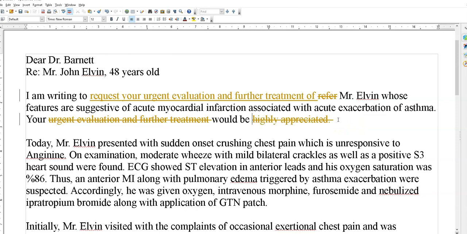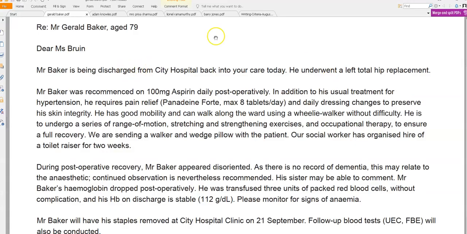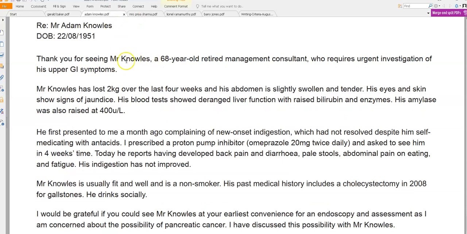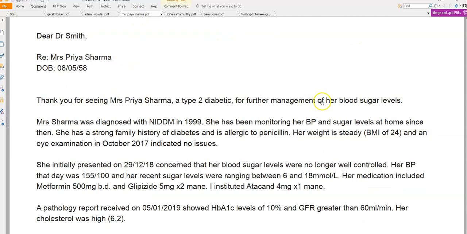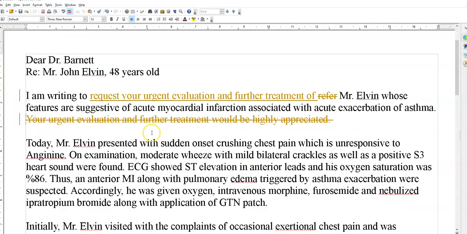Okay, so if you look at those examples, that's the kind of thing that they do. No highly appreciated. Okay, nice and simple. Look, again, total hip replacement, no extra thanks for seeing, urgent investigation, thank you for seeing, for management, etc. Okay, so you get the point.